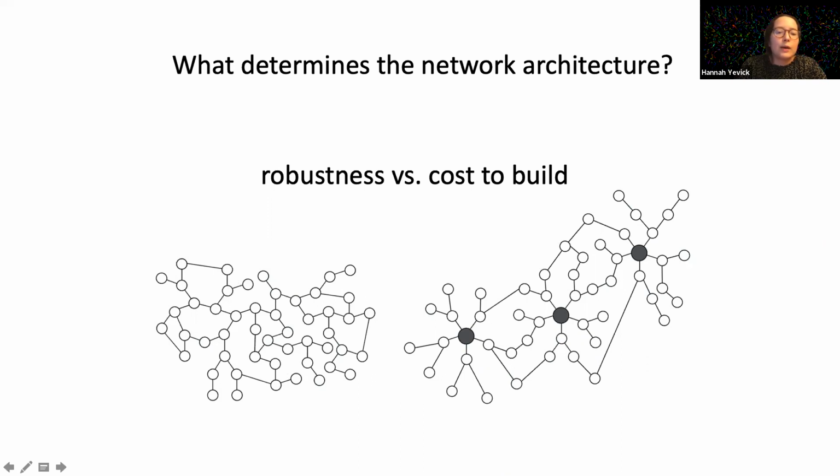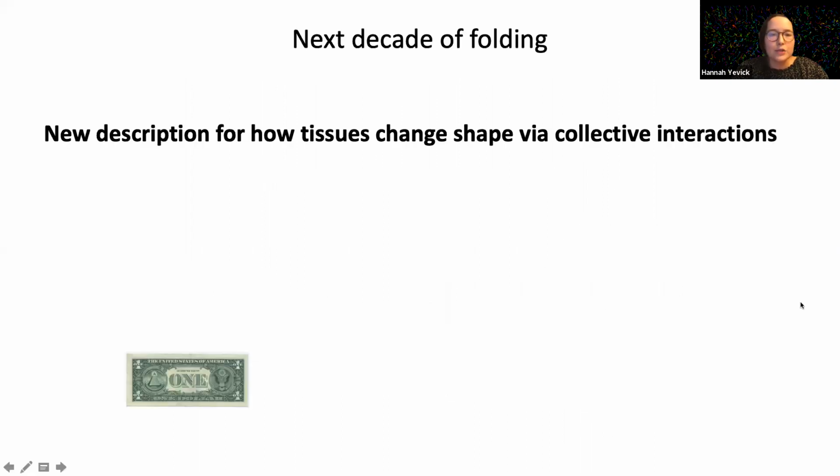But if you want to organize nodes into the best configuration for a robust system, you really want to form something that looks more like a scale-free network where you have some hubs that are very highly connected. So is there, in these biological systems, a trade-off between robustness versus the cost to build this network that's at play here? And I think it's interesting when thinking more broadly about engineering different types of tissue shape and tissue shape change in a robust manner.